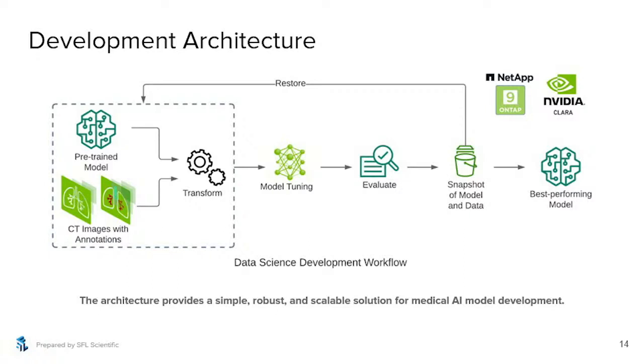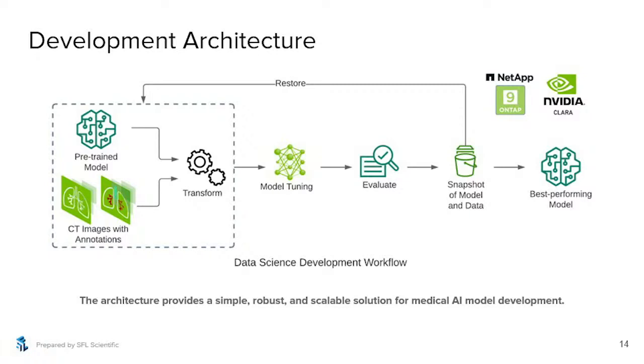The architecture shown here addresses the storage needs for the CT images and the development requirements of training and deploying the deep learning model. On the left-hand side of the diagram, a pre-trained model is used as the starting point and is then fine-tuned by being trained on the task-specific dataset. Various transformations of the dataset and configurations of the model are experimented with, and the resulting model performance is evaluated.